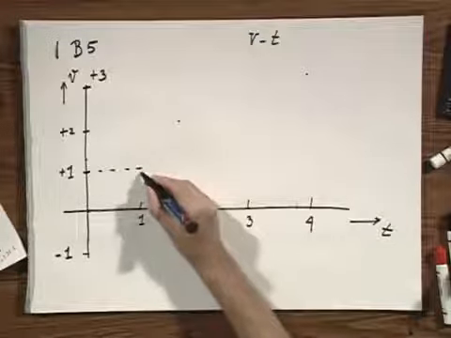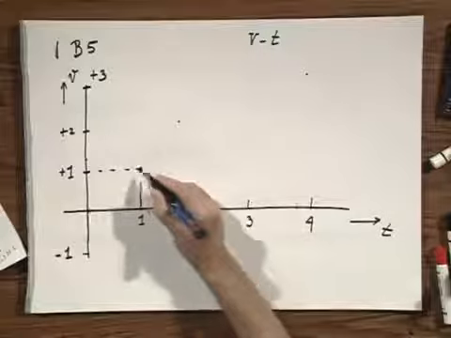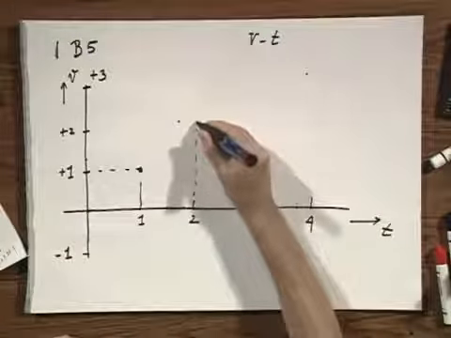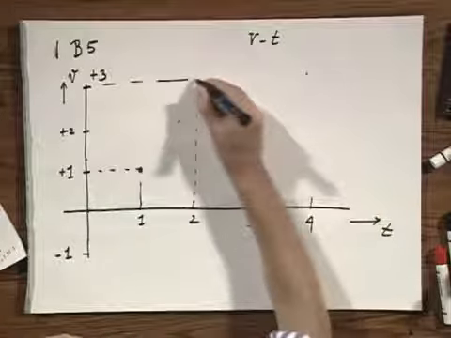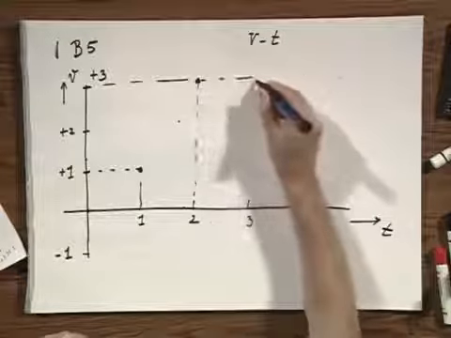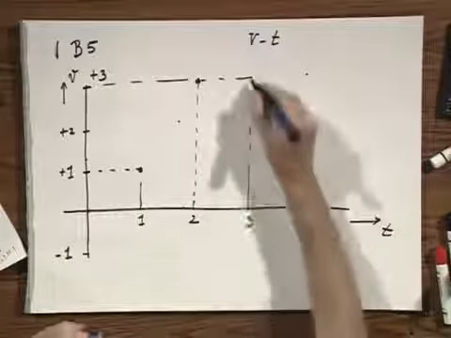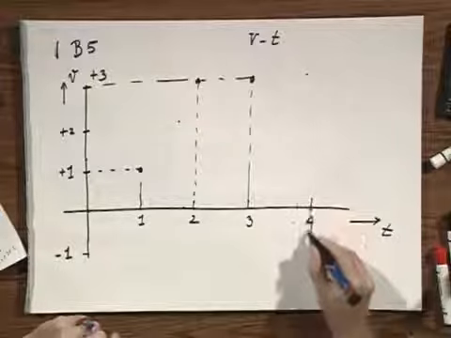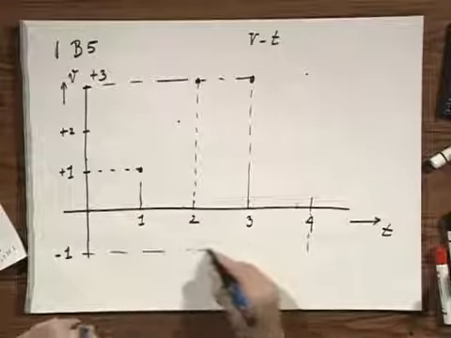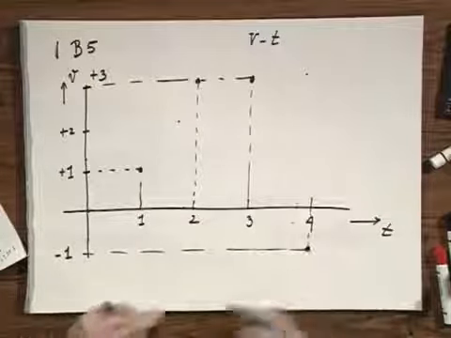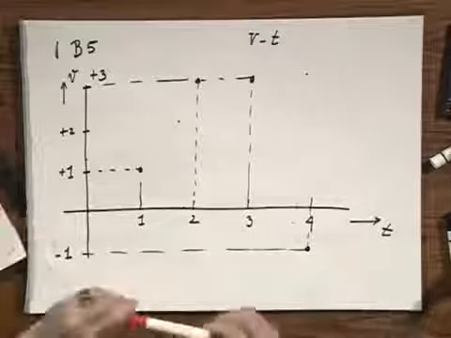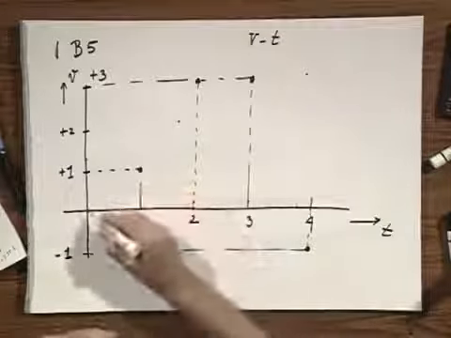This is a special point, and this is a special point, and this is a special point, and this is a special point, and the curve v versus t runs as follows.